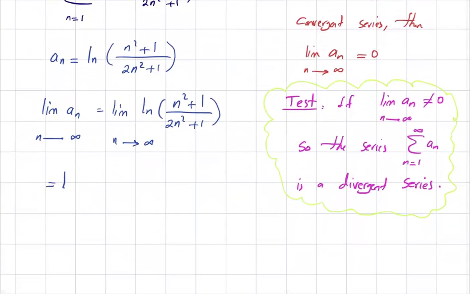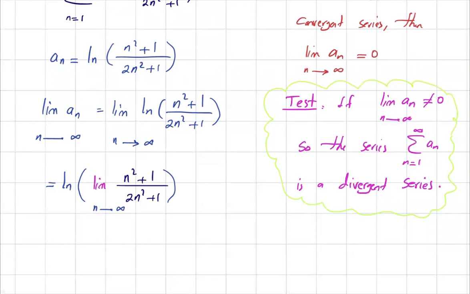We can move the limit inside the parentheses. You get the ln of the limit of n squared plus 1 divided by 2n squared plus 1, and close up the parentheses, as n goes to infinity.